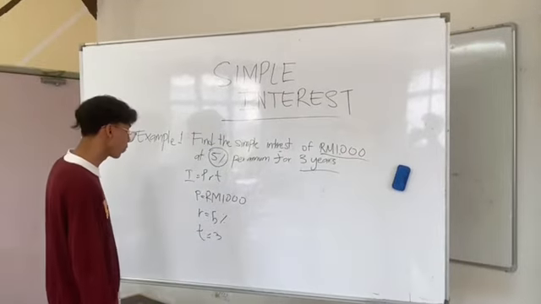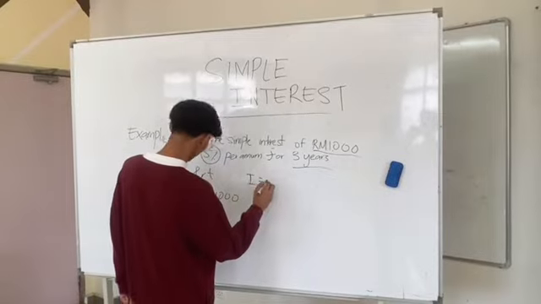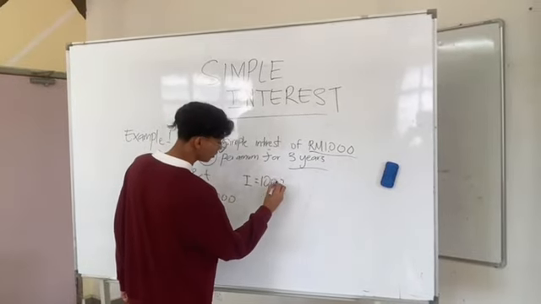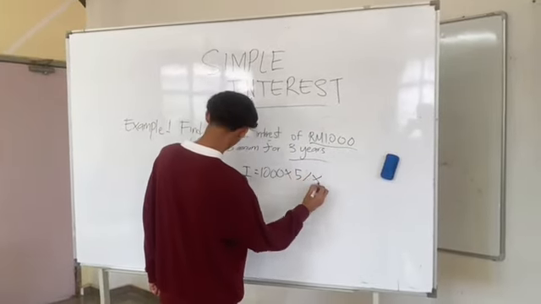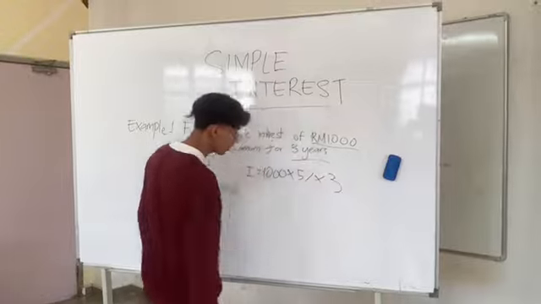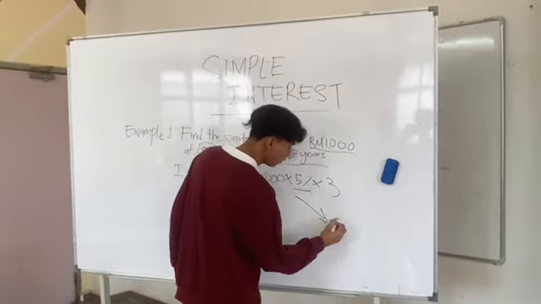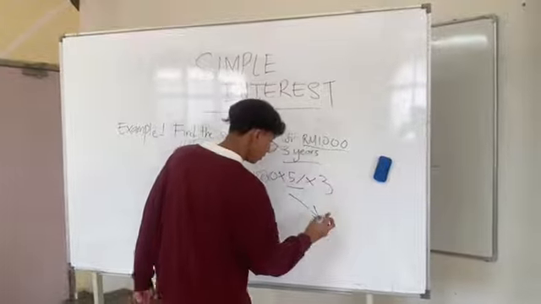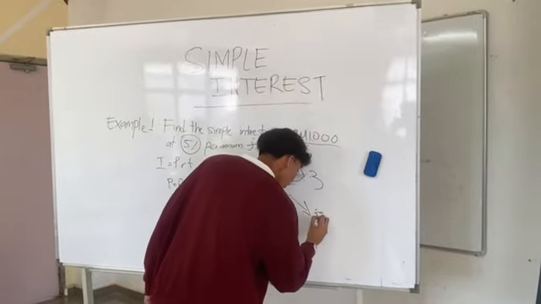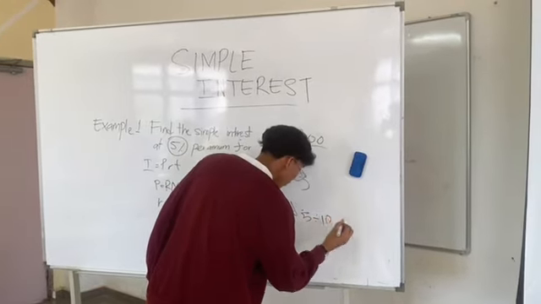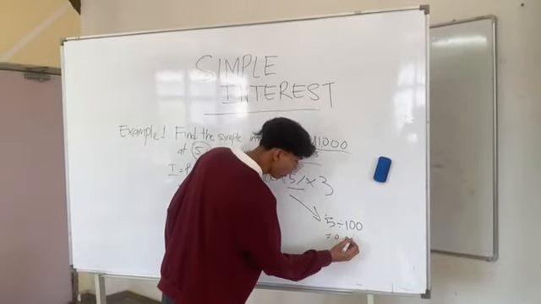So just put in the formula. I equals 1,000 times 5% times 3. Here 5% equals 5 divided by 100, so equals 0.05.